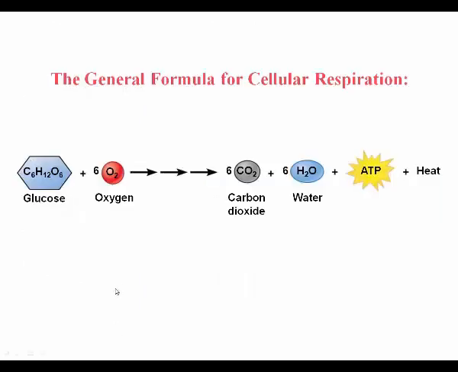Now, the general formula for cellular respiration: I've been saying for one molecule of glucose, we get some number of ATP. That's when we go through cellular respiration, one molecule of glucose is what we're going to look at in the conversion of glucose to ATP. For every one molecule of glucose, we need 6 molecules of oxygen, and we're going to produce 6 molecules of CO2, 6 molecules of water, ATP, and heat.